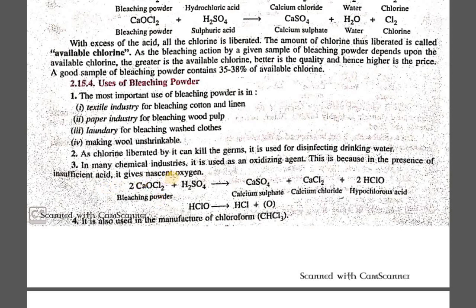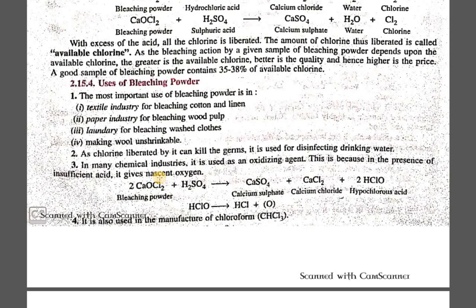There is a term called nascent oxygen. Nascent oxygen here means atomic oxygen. As we all know, oxygen cannot be present in its atomic form, but with the help of oxidizing agents, we can produce atomic oxygen. But as soon as this atomic oxygen, called nascent oxygen, is formed, it gets utilized during the reaction, and the unused nascent oxygen immediately gets destroyed.